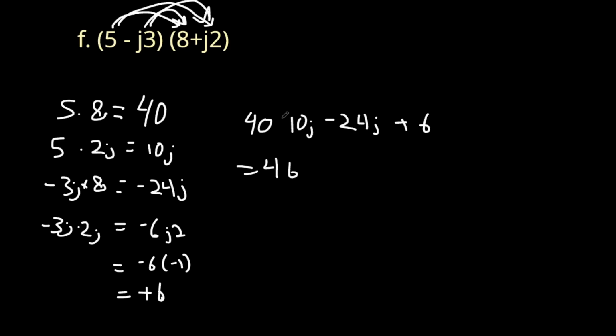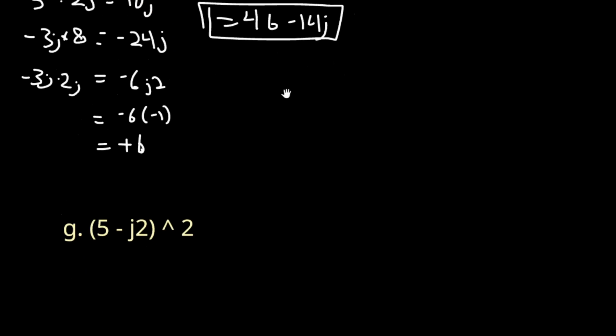So we have 10 minus 24, which is negative 14, and then j minus j, you can just leave that as just j, okay? And this is the answer for this question, okay.